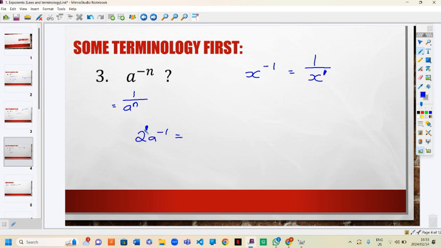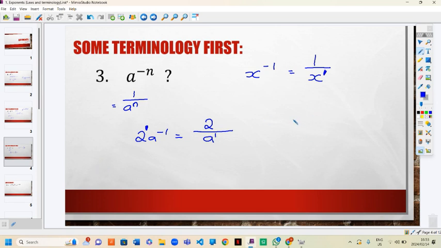Remember, everything is raised to the power of 1 if there's nothing there. Positive 1 exponent there for 2, and a is now negative 1. Now it's a little bit different. The 2 is going to stay at the top, and then we're going to take the a to the bottom with a positive 1 exponent.